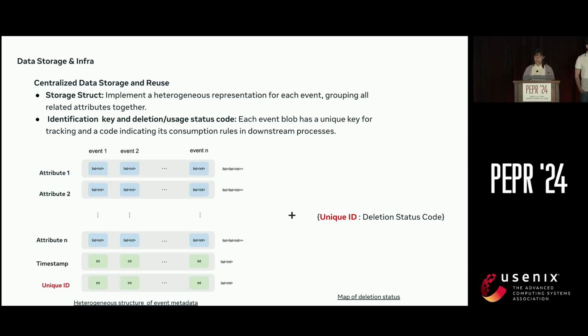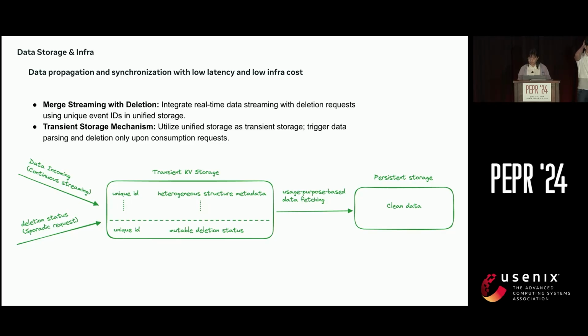Besides that, there's the usage status, which could be a default usage status for all the data or a certain group of data, which does not need to be stored in copy. Besides that, we only need a small map structure to store the data which the user wants to delete, in a key pair. So next, let's talk about how we use those data structures and how the data propagates.